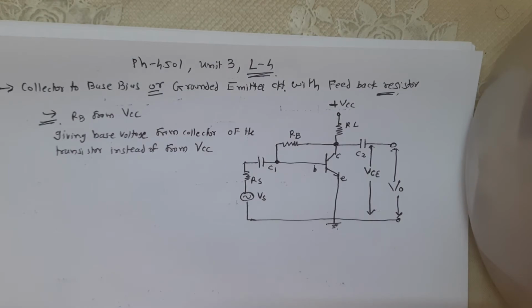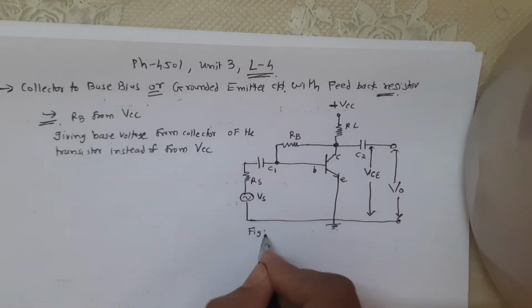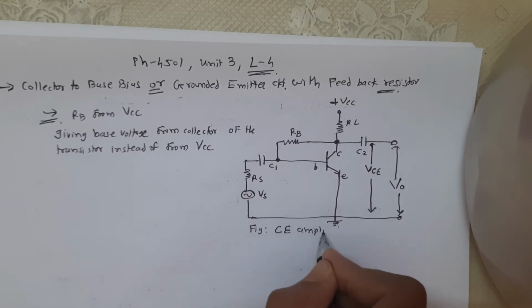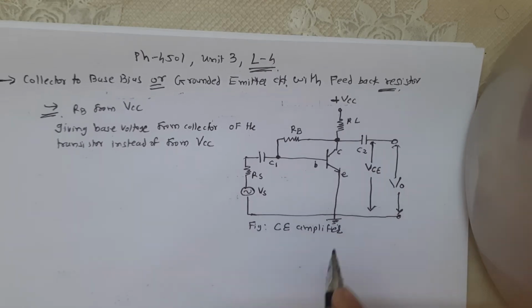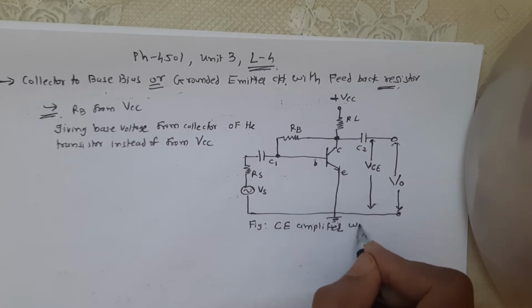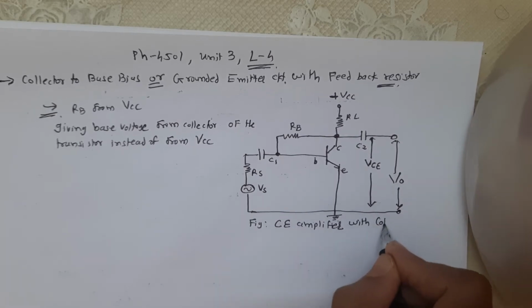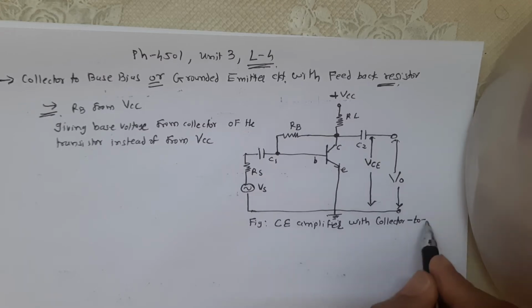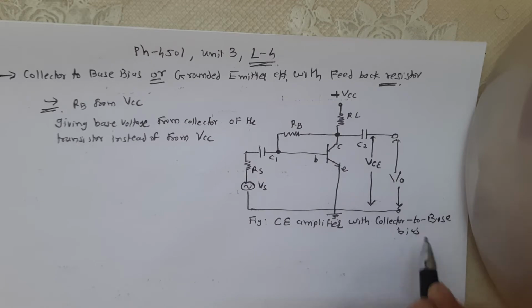The circuit is as given here. This is the common emitter amplifier with collector to base bias.